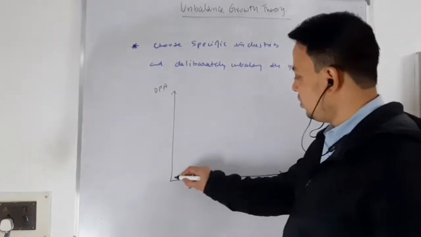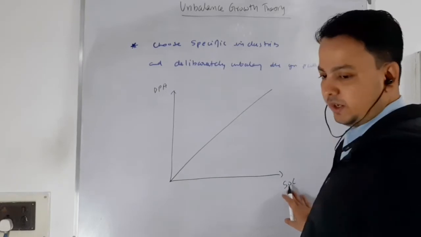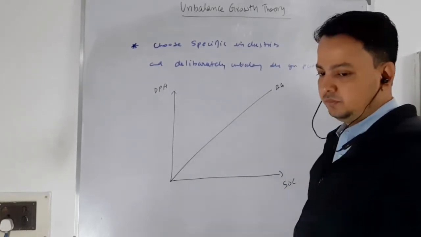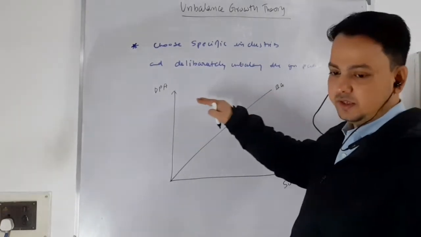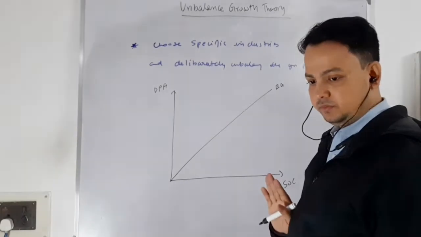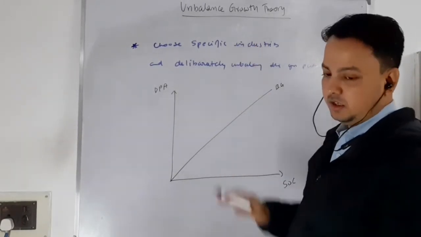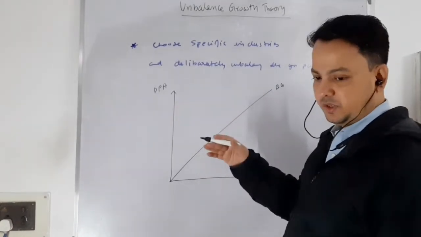There must be a proportional relationship between direct productive activity and social overhead capital. That is what we call balanced growth. So in balanced growth, all sectors must grow simultaneously. But what unbalanced growth is saying in the Hirschman formulation is that we need to unbalance this aspect.